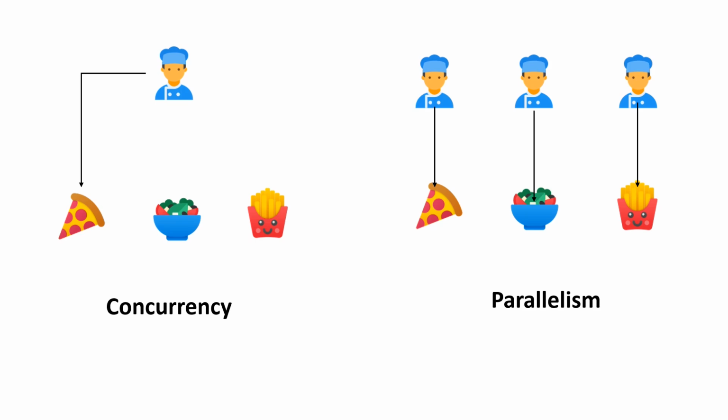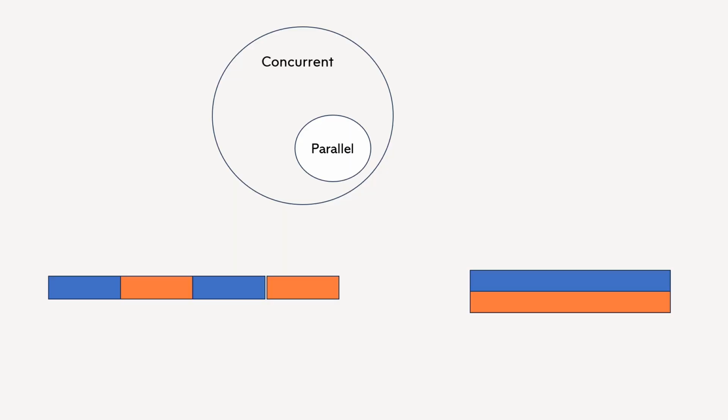In concurrency, in this example, the chef has to execute all the cooking for all these dishes, but not at the same time. He's switching the dish preparation and progressing them together. But in parallelism, we have a dedicated chef for each dish, and all are being prepared in parallel. I hope it is clear.